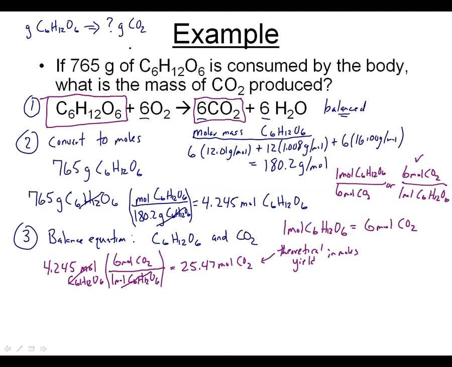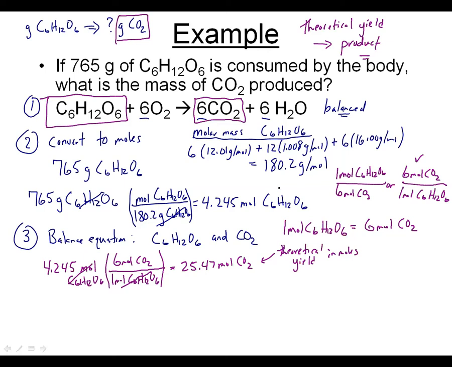And by the way, the theoretical yield can only be on something that's a product. So if you yield something, it's always got to be something on the product side. So you can't have a theoretical yield if you went the other way and made a reactant. It could only be the product side. But this is very close to what we want. We got moles of CO2, but we actually want grams.